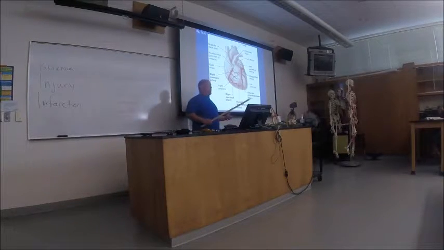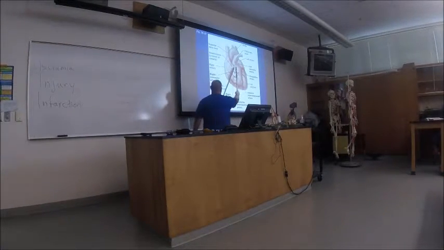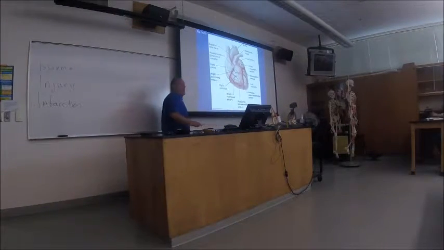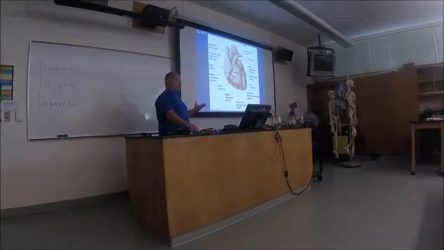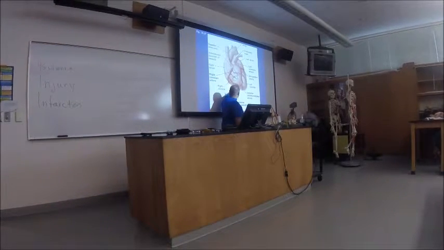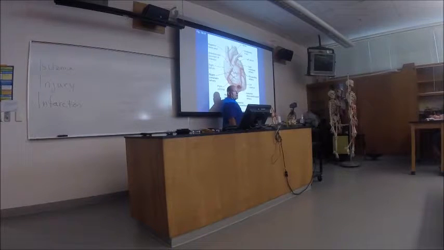Now, that right coronary artery is going to come off here. The only branch I really want you to know from that standpoint that has a name is the right marginal artery. This has a tendency to supply the right ventricle.